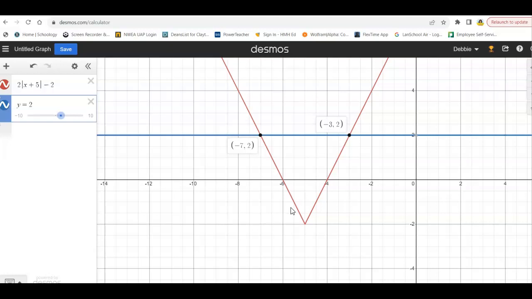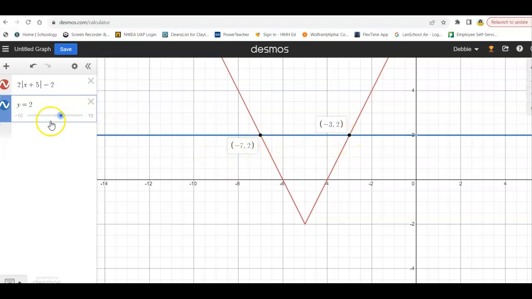So, right now, you are looking at an absolute value equation. 2 times the absolute value of x plus 5 minus 2 equals 2. Okay? And here are your solutions to that.